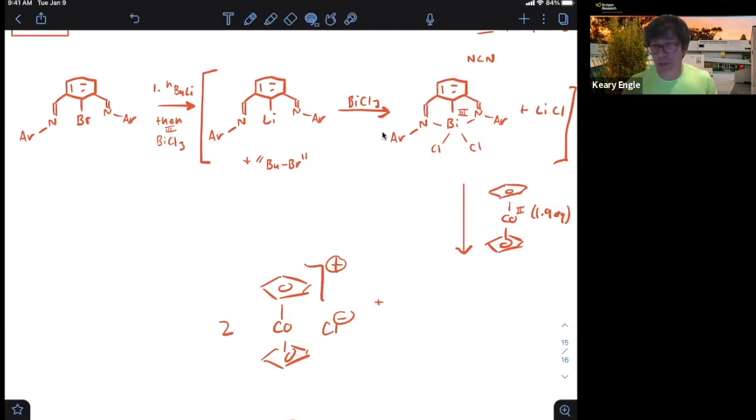Cobalt +2 is not particularly stable. It would prefer to be in the +1 or +3 oxidation state. And that gives us a hint for how this Cp2Co will react, which is as a single electron reductant. And we have 2 equivalents of it, suggesting that there are going to be 2 single electron transfer events.